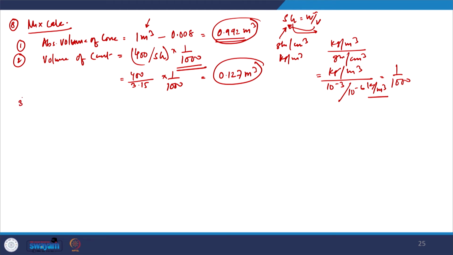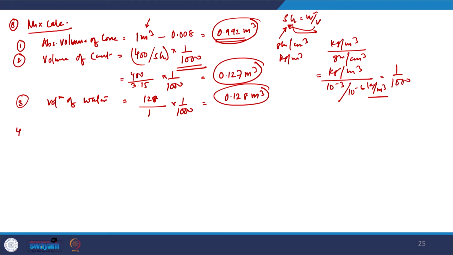Then we also have volume of water. I will do the similar calculation, 128 kgs per meter cube. Specific gravity of water is 1 into 1 by 1000. So, this is 0.128 meter cube. Then we also have superplasticizer, and we are using it at the rate of 1% by weight of cement.